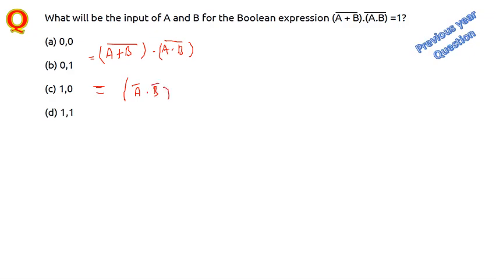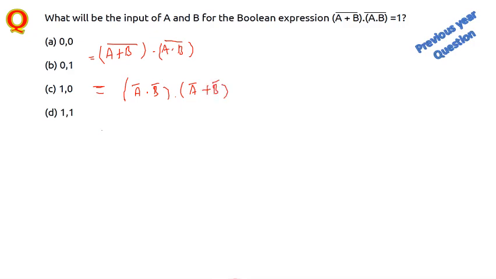The bar is only for these two terms and those two terms, so the next term (A dot B) bar becomes A bar plus B bar.